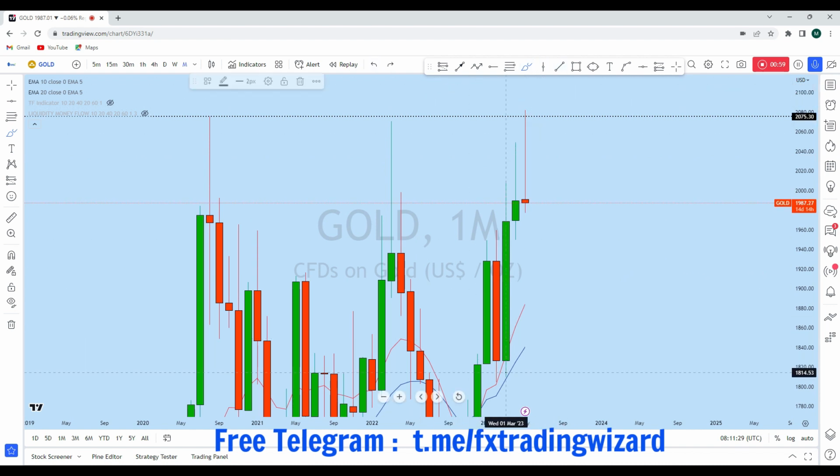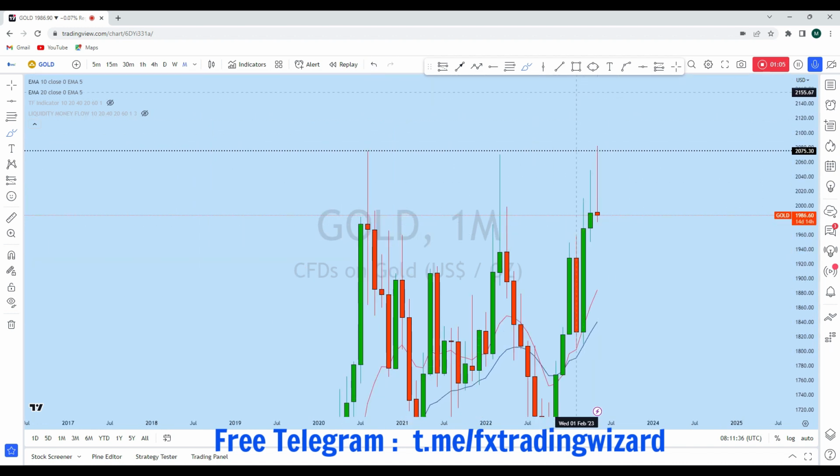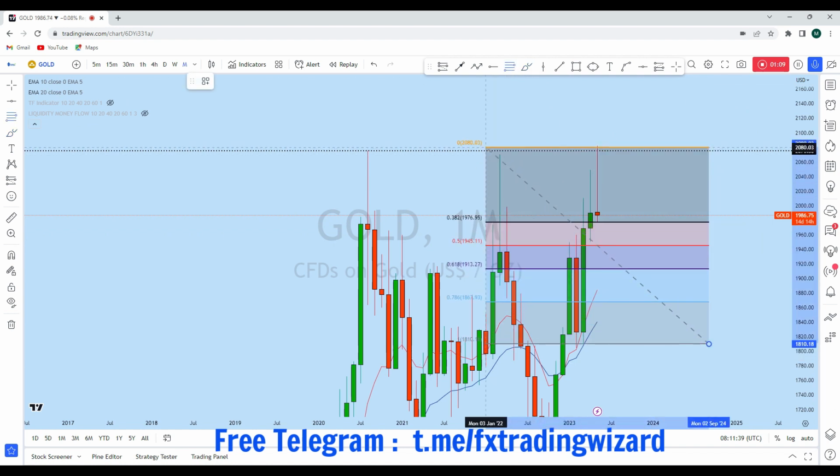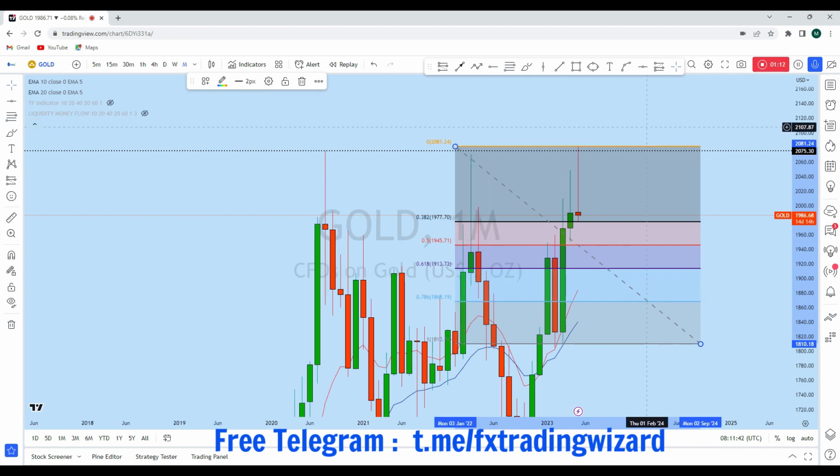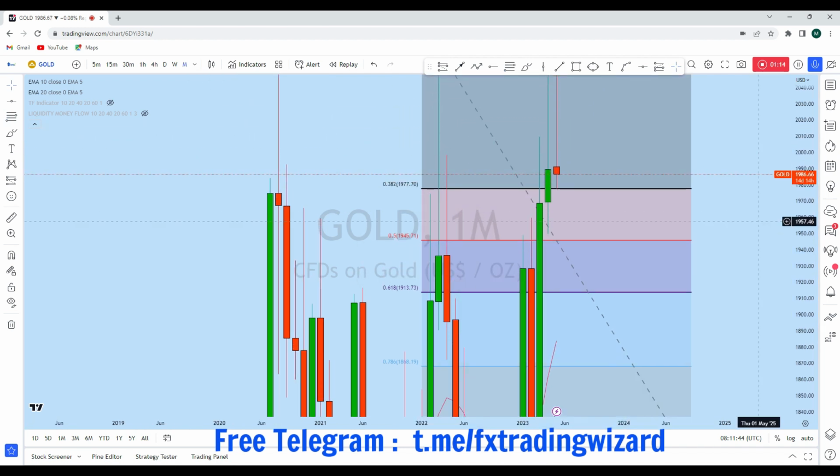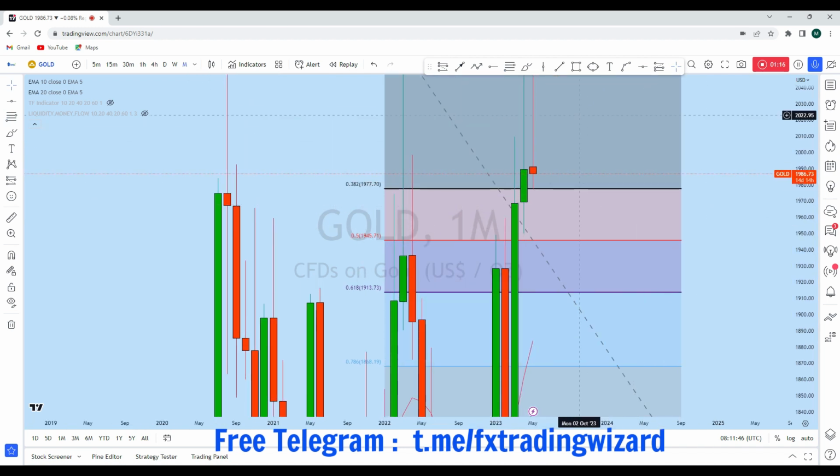In this long-term uptrend, we can expect gold to come down for a deeper pullback. If we take our Fibonacci for this move on gold, from the start of the move to the end of the move, we can see that gold is currently heading to the 38.2% Fibonacci level. This is the initial, primary Fibonacci level that gold has now approached.